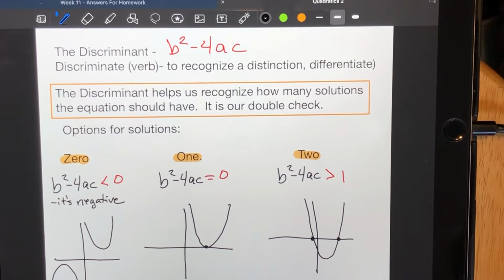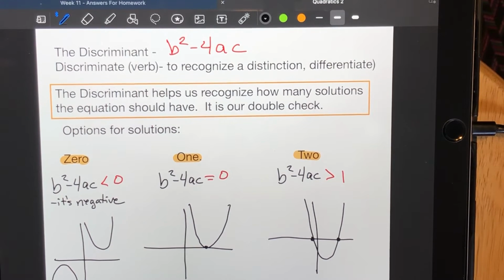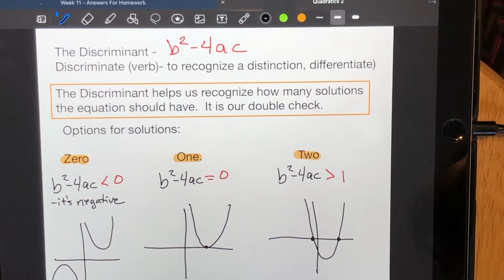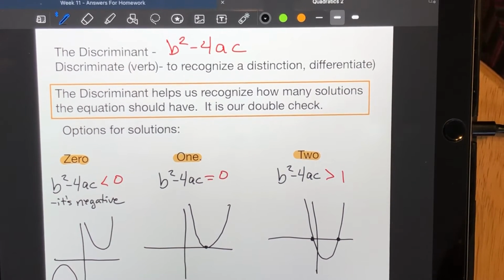We've got our x value, which gives us our axis of symmetry. So now the discriminant is just another tool. It will tell us the number of solutions we should be expecting. So if our discriminant tells us that we should have two solutions and we end up with only one solution, we have a problem. So it's just another double check.